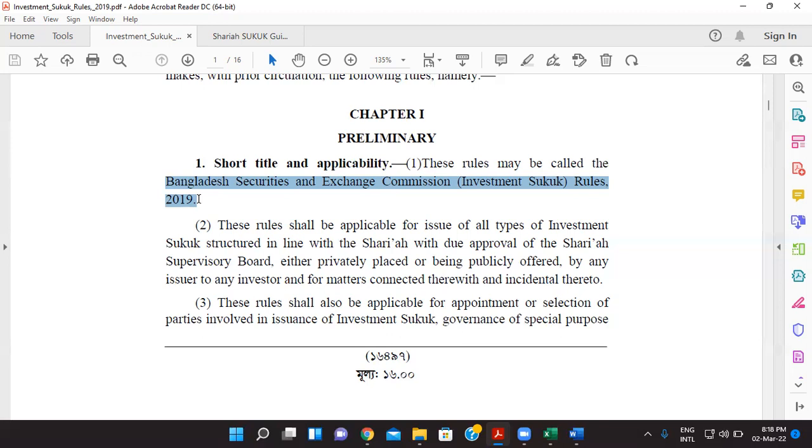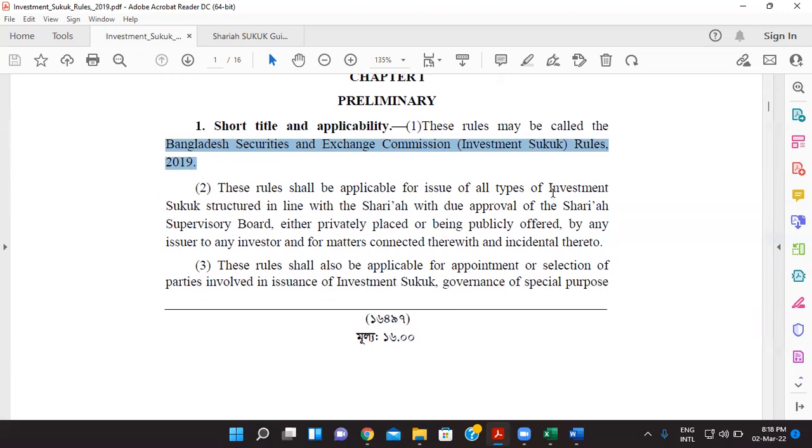Okay. So this will be applicable for all types of investment sukuk which will be issued in compliance with the Shari'ah. And this claim that you are in compliance with the Shari'ah should be approved by the Shari'ah Supervisory Board. The sukuk can be privately placed or it can be publicly offered.